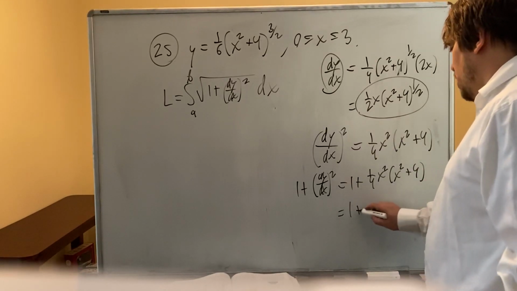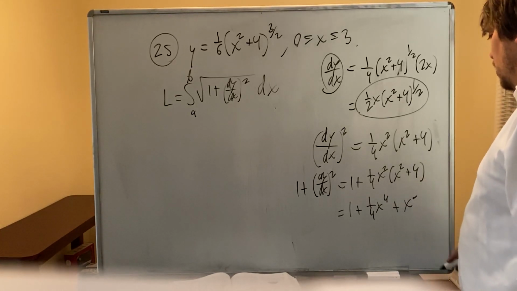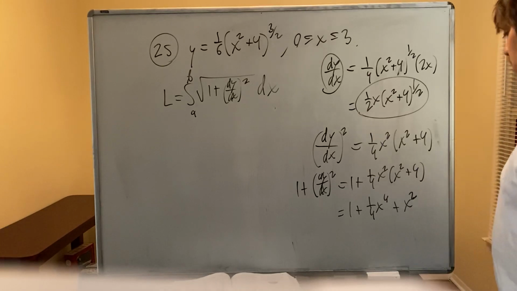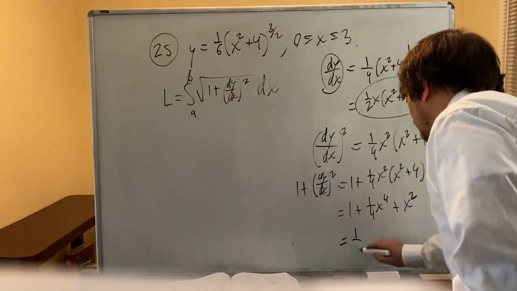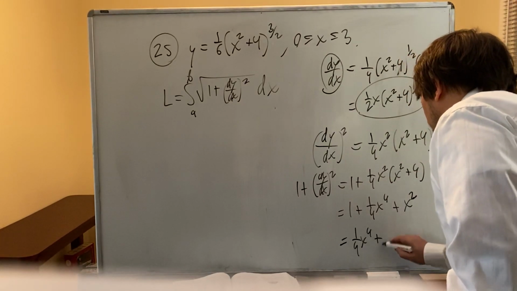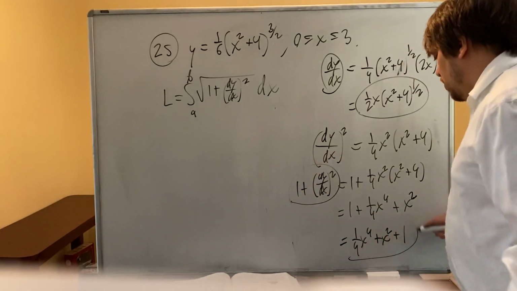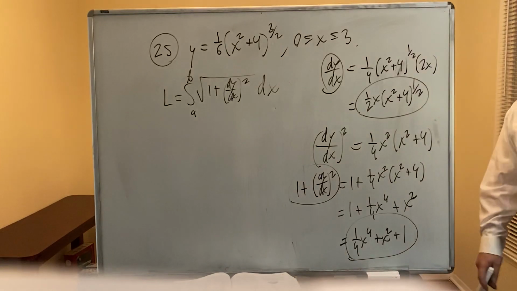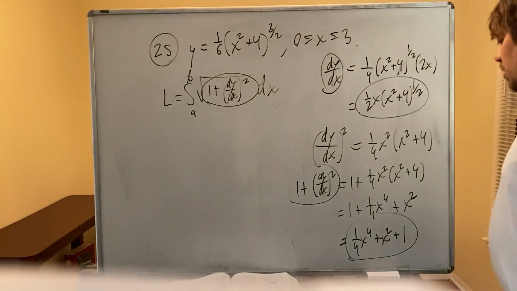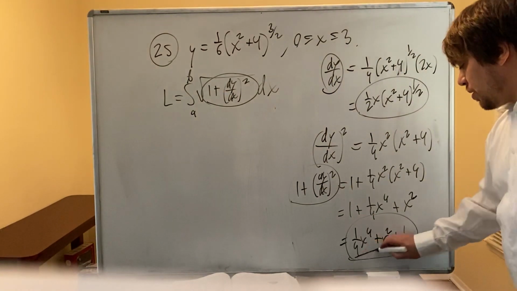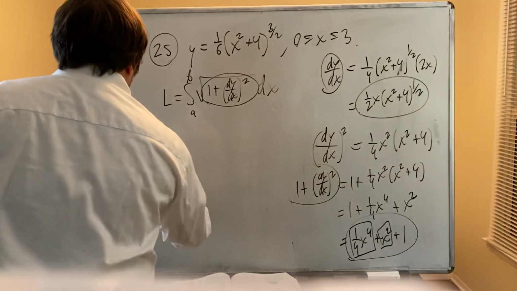And that's equal to, multiplying out, 1 plus 1/4 x to the 4th plus x squared. Rearranging the terms, this is equal to 1/4 x to the 4th plus x squared plus 1. That's what's in the square root here, right? So here's a trick. Take the two terms with x in them.